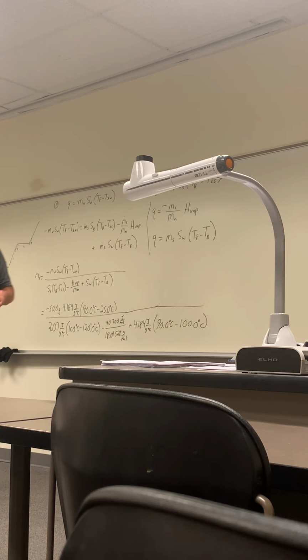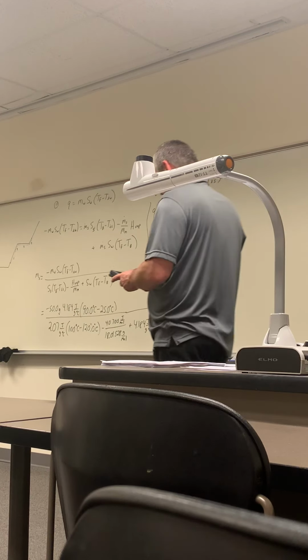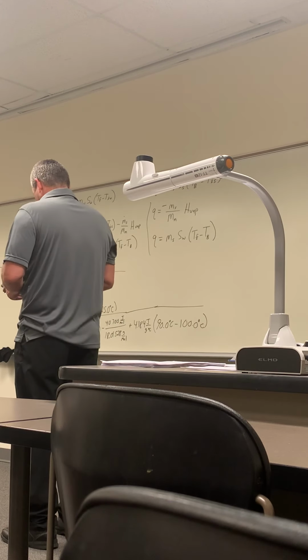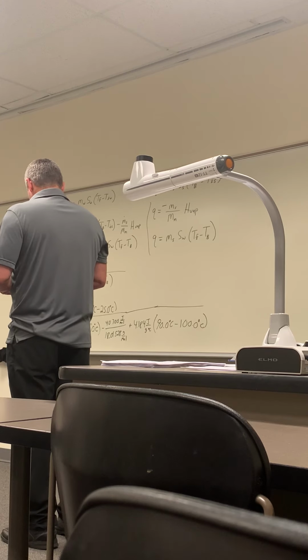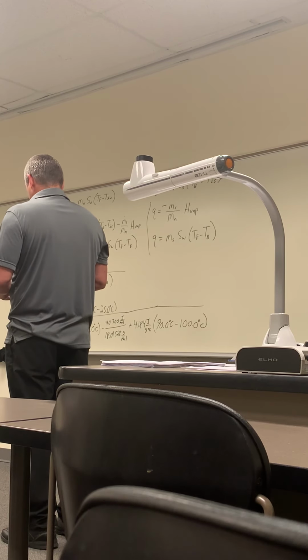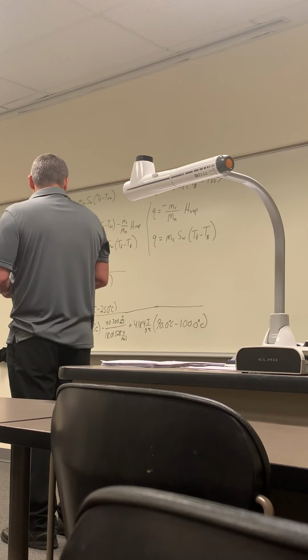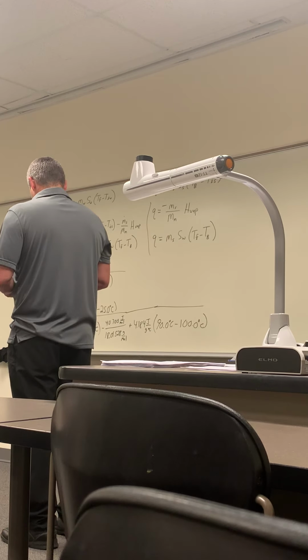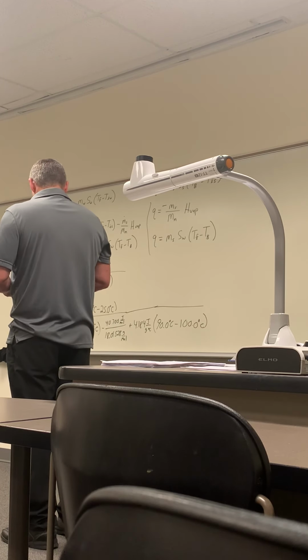Let's see what the numbers are. Now, I'll make one more comment, then break up and fix that. Listen. Negative 50 times 4.184 times 90 minus 25, divided by 2.07 times negative 20, minus 40,700, divided by 18.015, plus 4.184 times negative 10.